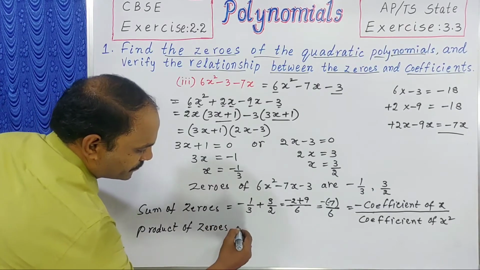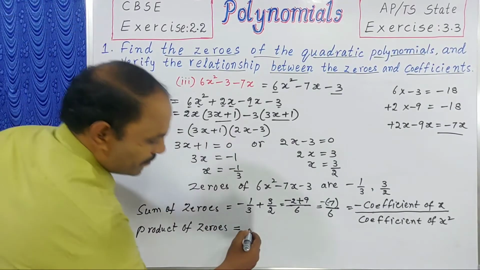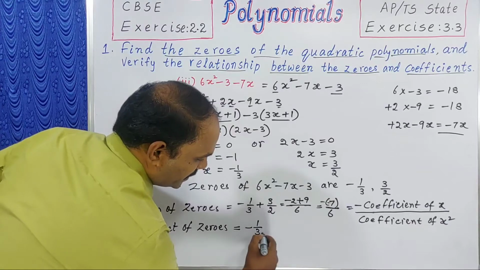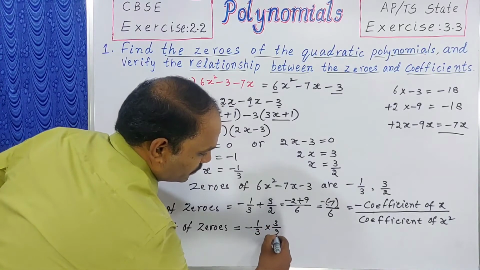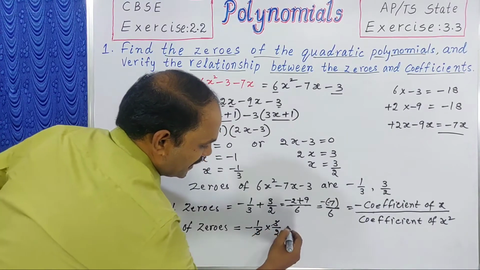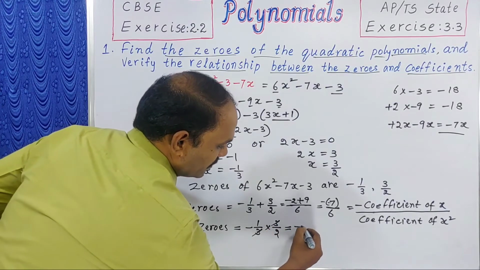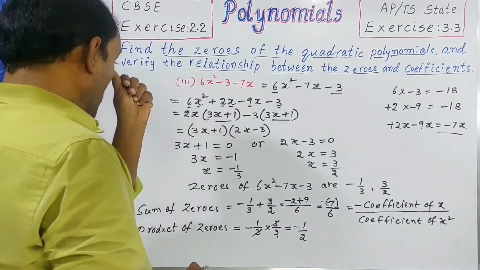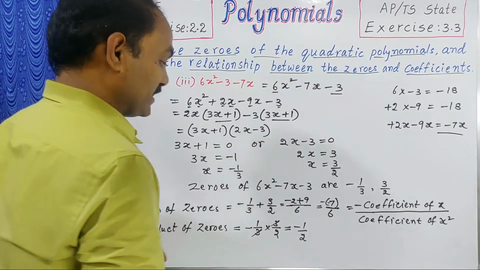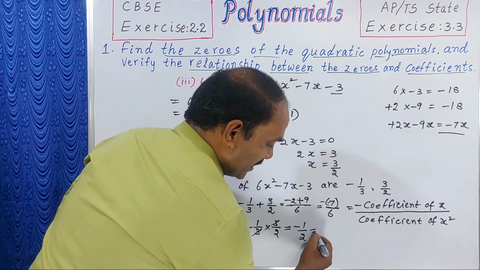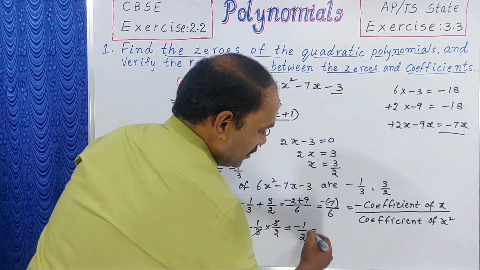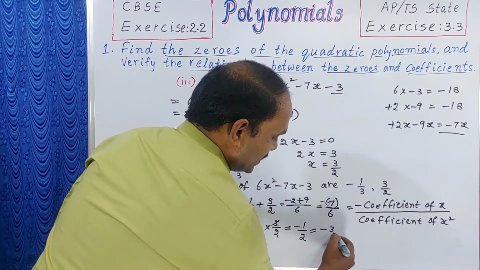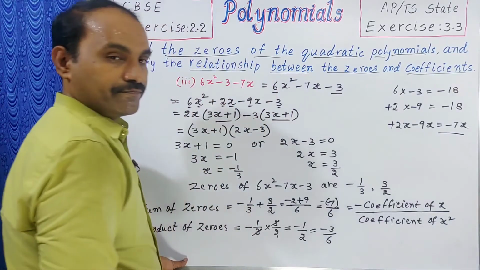Product of zeros is equal to minus 1 by 3 into 3 by 2. The 3s cancel. So minus 1 by 2. What is minus 1 by 2? We can write this like this also, by multiplying numerator and denominator with 3: minus 3 by 6.